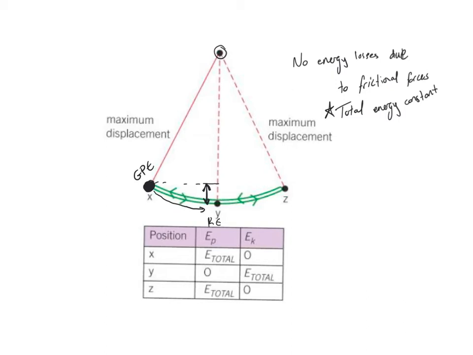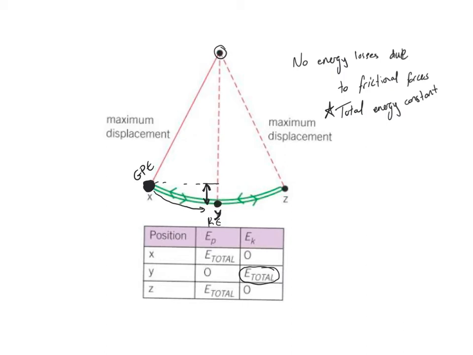So it gains kinetic energy, with the maximum kinetic energy being in this position, Y. So all the energy is in the kinetic store at Y, with no gravitational potential energy stored at that point, because it's already gone back to where it was.